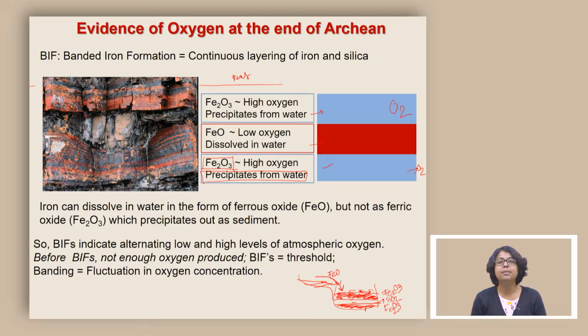So, one idea is that during this time there probably was development of photosynthesizing organisms, not completely developed plants, but probably bacterial communities who are responsible for photosynthesis and therefore releasing oxygen. And if you release oxygen, that is going to build up over time.